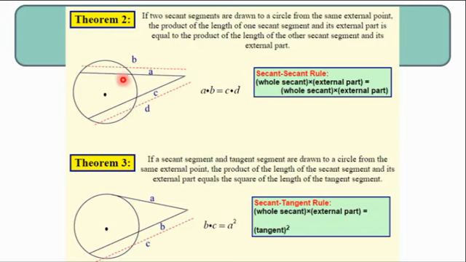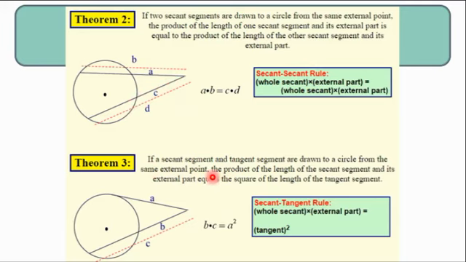So what that's saying is B here, this whole secant, times the external part of it, which is just A from here to here, is going to be the same as C here times the whole thing, D.